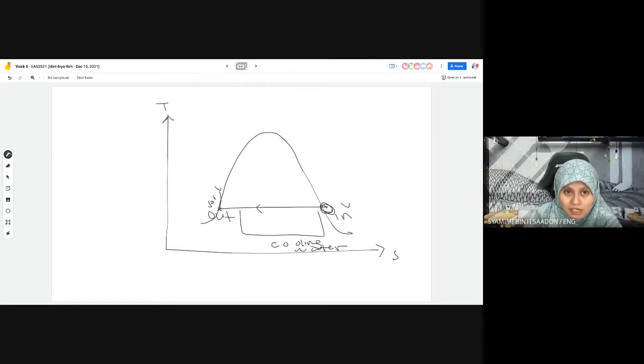So that's why at state 4 we choose the saturated refrigerant table A11.